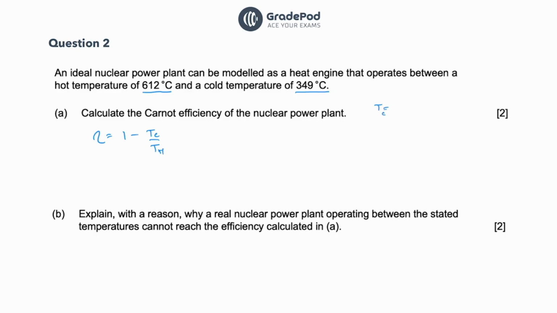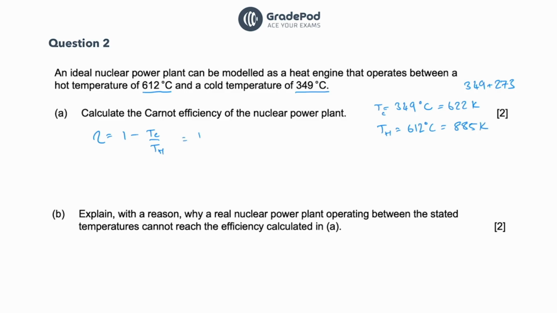It is this equation here, but of course the temperatures have to be in Kelvin. So temperature cold is equal to 349 degrees Celsius, which is equal to 622 Kelvin. For hot temperature, we've got 612 degrees Celsius, which is equal to 885 Kelvin.